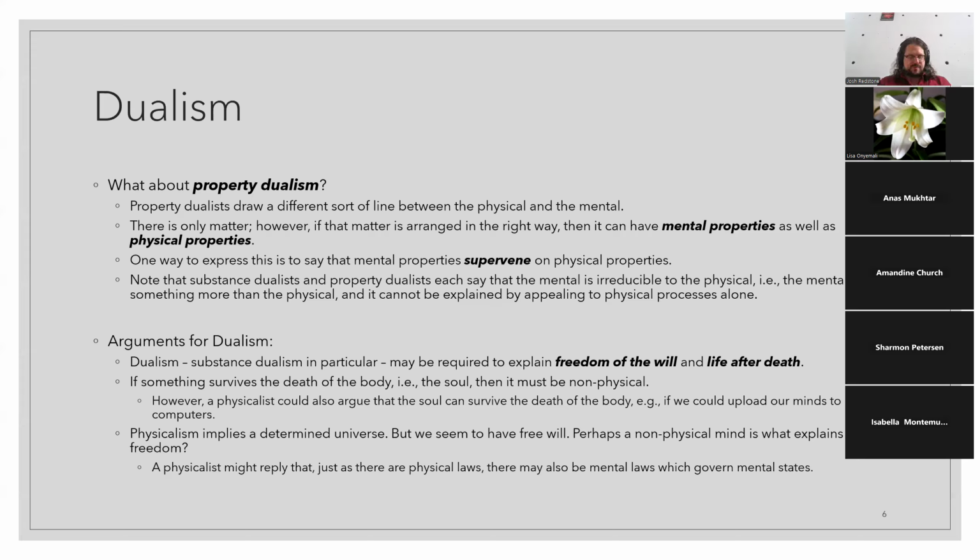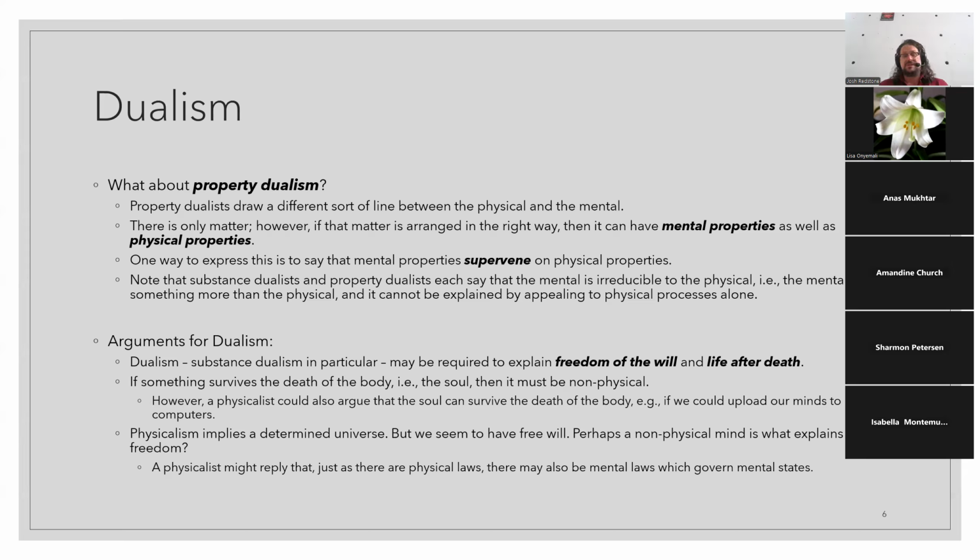But what about freedom of the will? Well, we'll learn more about this when we talk about free will. We have a whole chapter on free will, but physicalism seems to imply a determined universe. It implies a universe where everything that's happened is determined by prior conditions. It doesn't seem to leave a lot of room for freedom of the will.